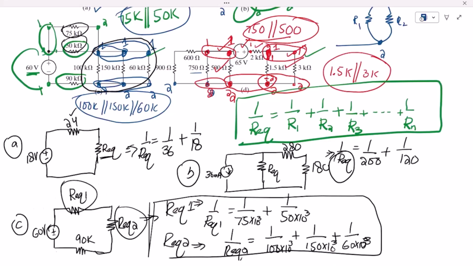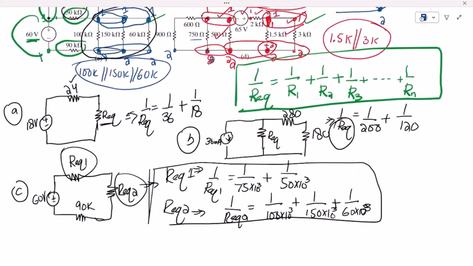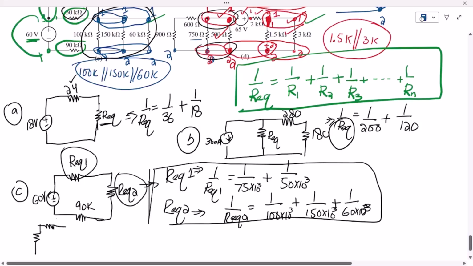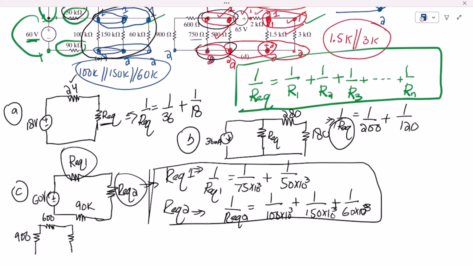Similarly, in the last one, this is part D, and to find the equivalent of it, let me move down again. You can see that these two resistors are in parallel. The series resistors here would be the first 900 ohm and this 600 ohm. These two are in parallel with it, so therefore it will be here, and let me call it R equivalent 1.